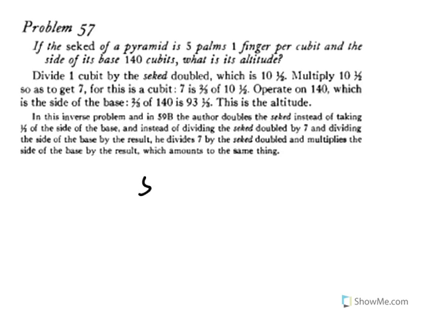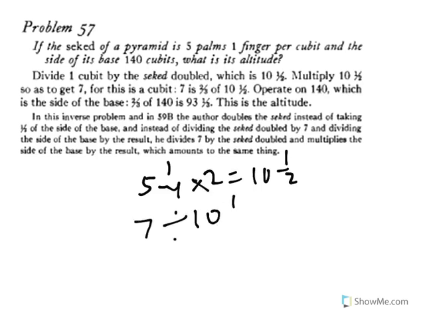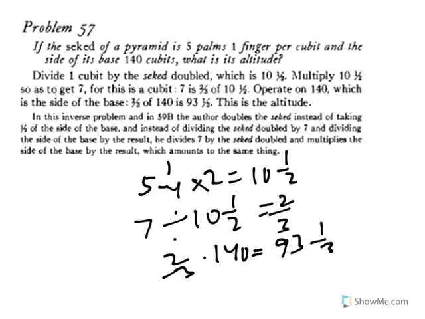For the work here, they did 5 1/4 times 2 is 10 1/2. Then they did 7 divided by 10 1/2 and got 2/3. And then finally they did 2/3 times 140 to get 93 1/3.